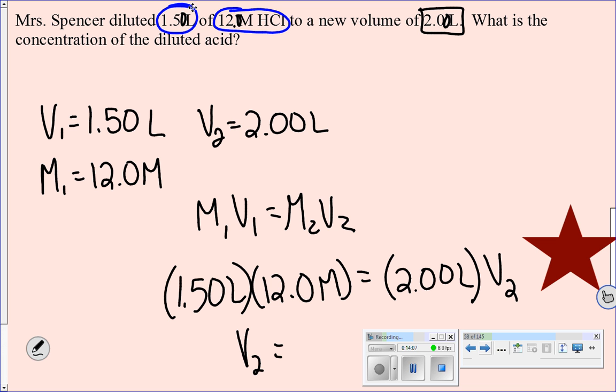And that's going to give us an M2 of 9 molar. And that makes sense because I diluted this. I added some water to it. I do expect the molarity to go down. I didn't dilute it a ton though. I only really added about half a liter, so it shouldn't go down too much.